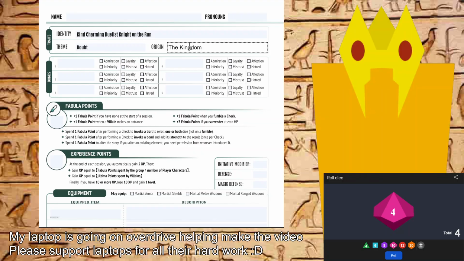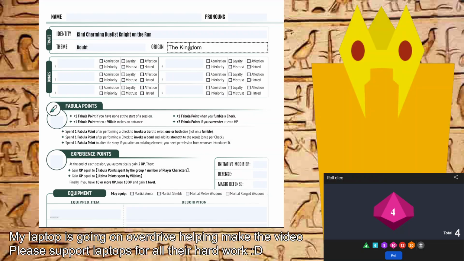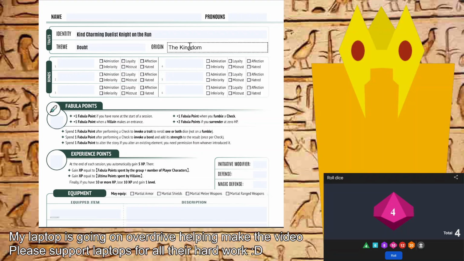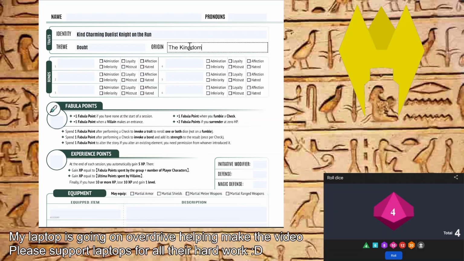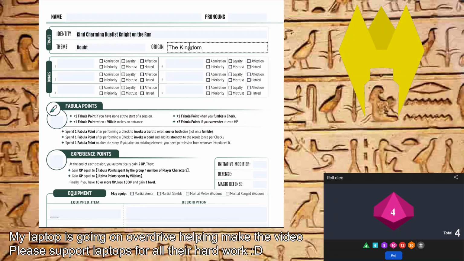Why would they be on the run, right? Why would they be on the run, actually? That is interesting. Why would they be on the run, though? One of these classes could possibly... Oh, I have an idea.